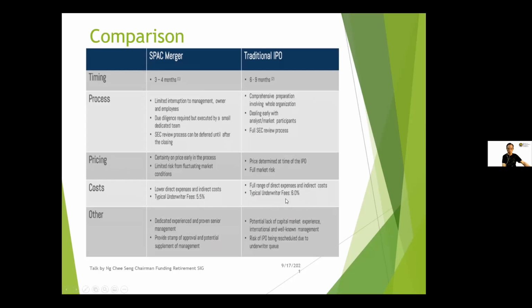So normally, if it's a very huge company or huge fundraising activity, then the fee in terms of percentage will be much lower.